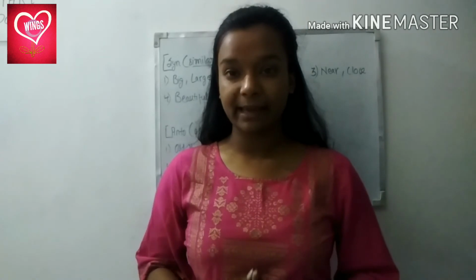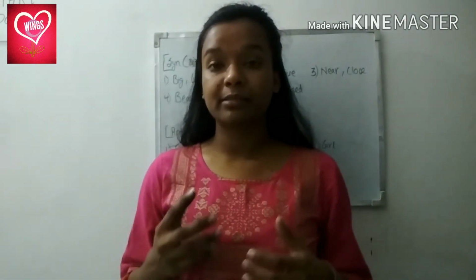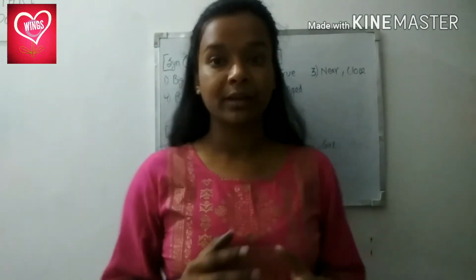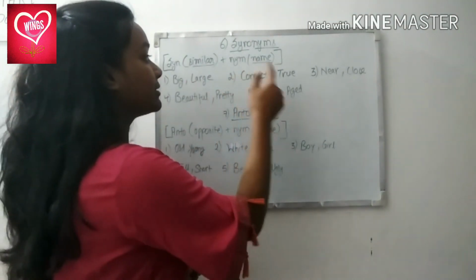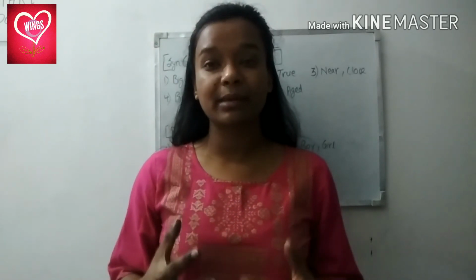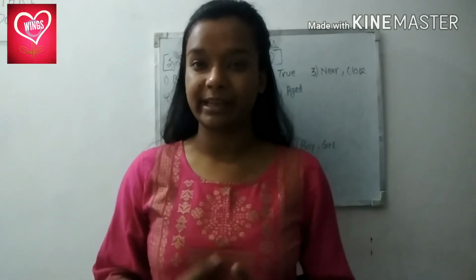So the seventh type is synonyms. The word synonym is made up of two root words, syn plus nym. Syn means similar and nym means name. That means the words which have similar or nearly similar meaning are called synonyms.